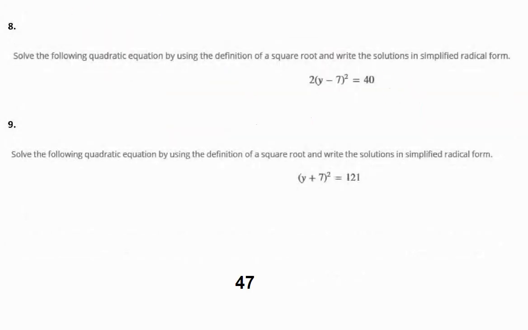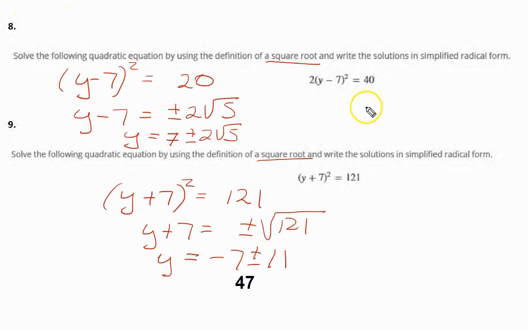Now, for these last two, we're going to let you do them, but here we're using the square root property. And let's see what you get. Okay, the first thing we did here was to divide both sides by 2.